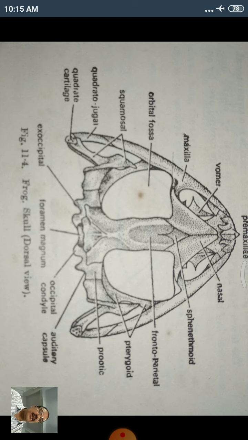First of all, I will take the skull of frog.